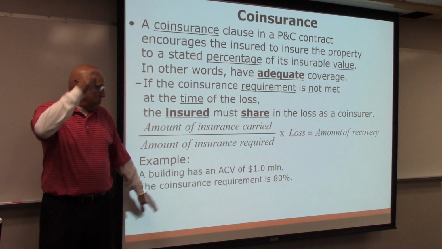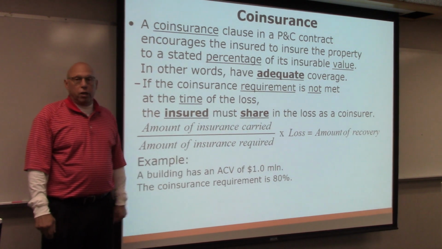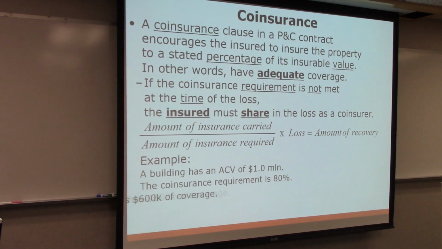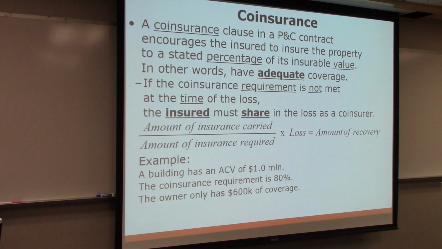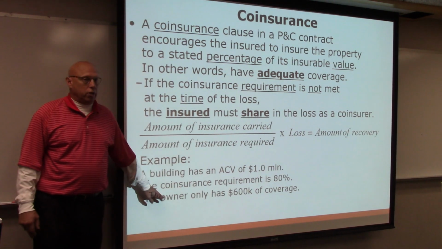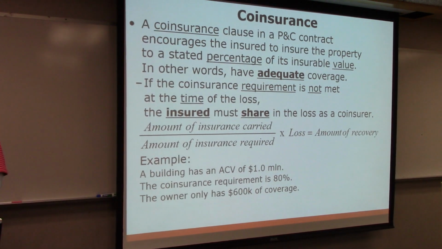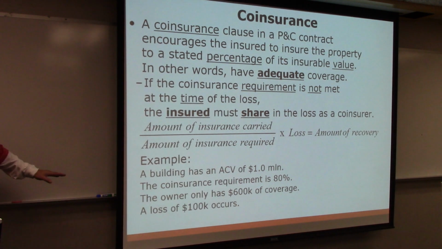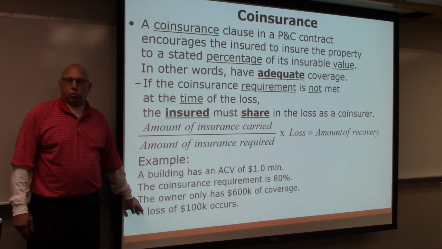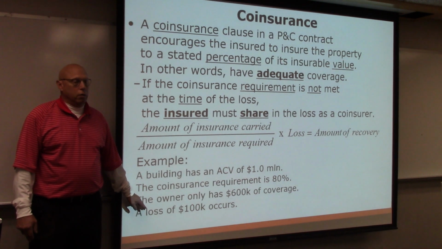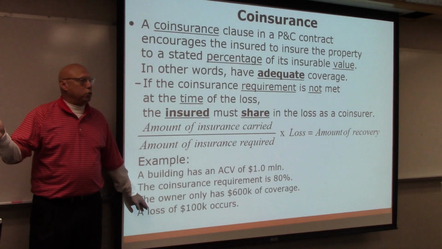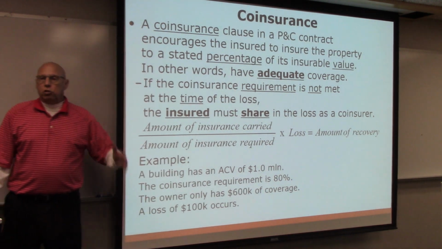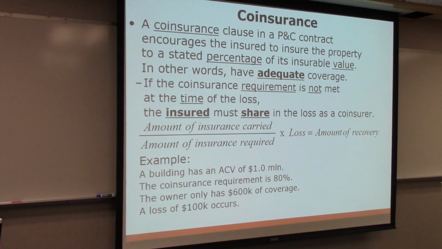If you do, then you're going to be a co-insurer. We'll let you do it, but you're going to have to step in and be a co-insurer. So let's say the owner takes out a $600,000 policy. A loss of $100,000 happens. Say a pipe ruptures, and water damages the building to the tune of $100,000.